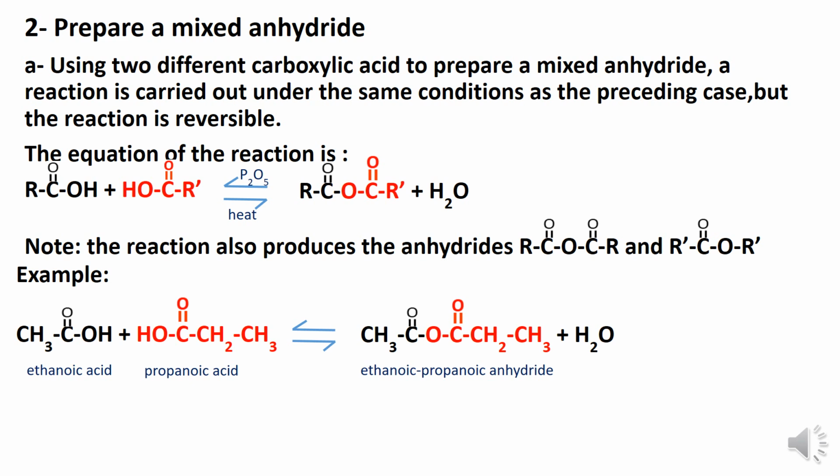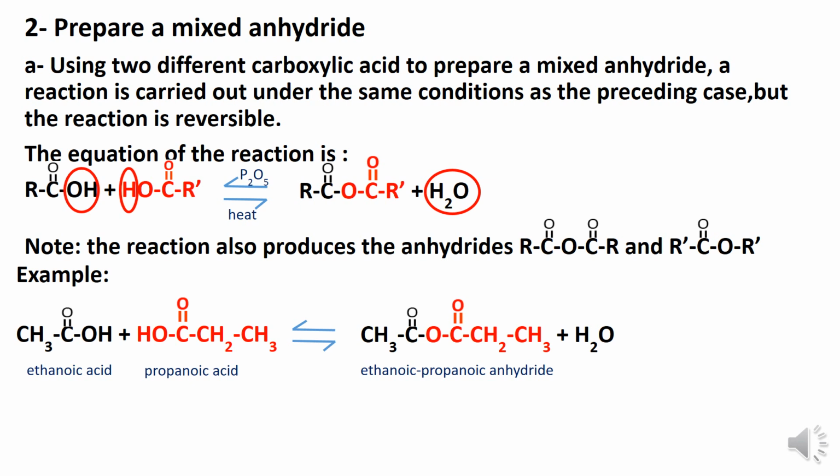So the equation of the reaction is the removal of OH from the first carboxylic acid, the H from the second carboxylic acid. They will eliminate water, or water is formed in the product, and the formation of the acid anhydride. The catalyst is the same as the preceding one.